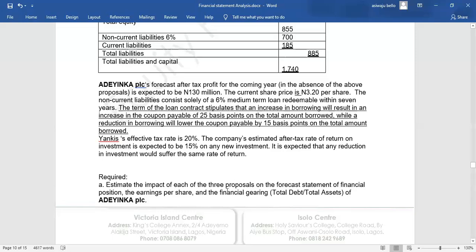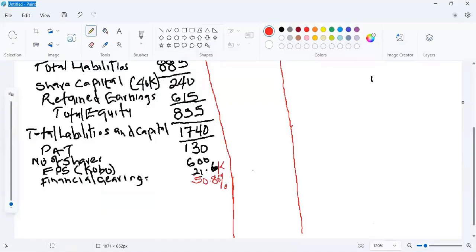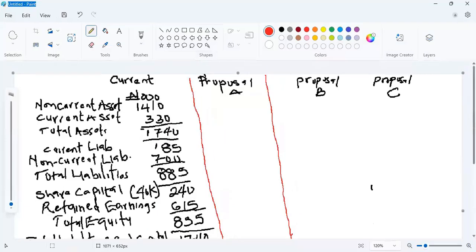Let us go to the whiteboard. First, to make it faster, we have created the board for us. Now, this is what we are given currently, the current forecast. I only pick this forecast as we are given in the question.